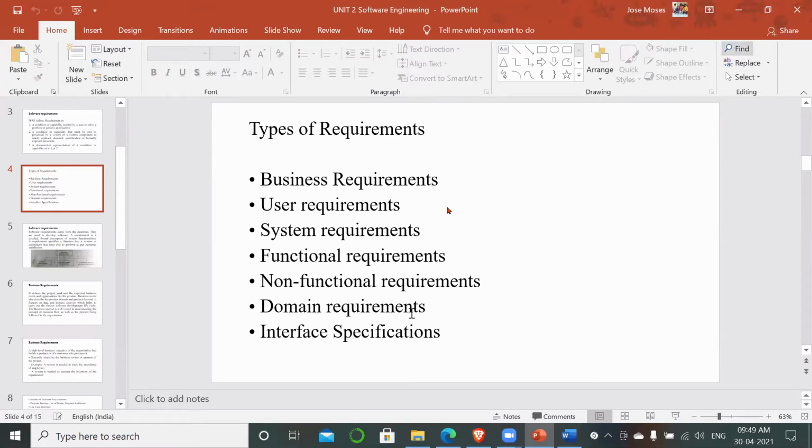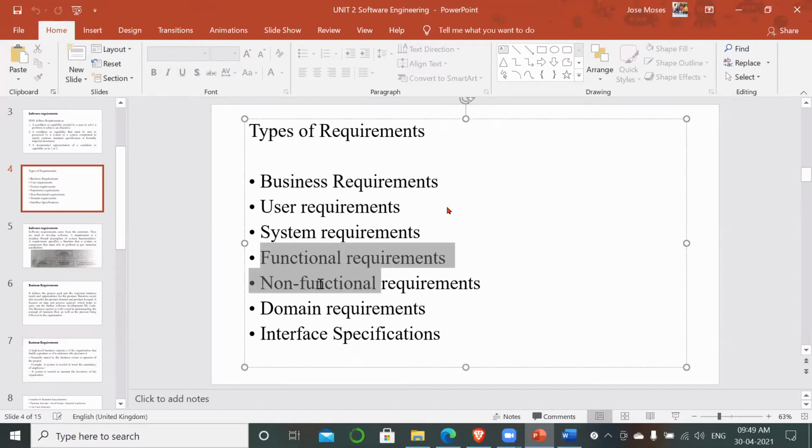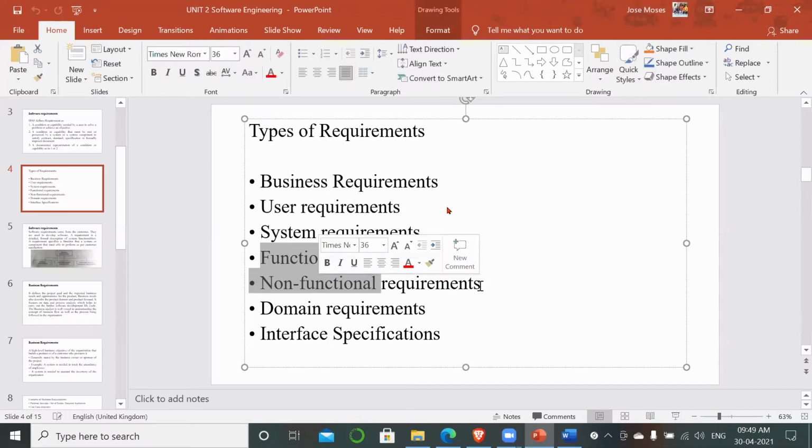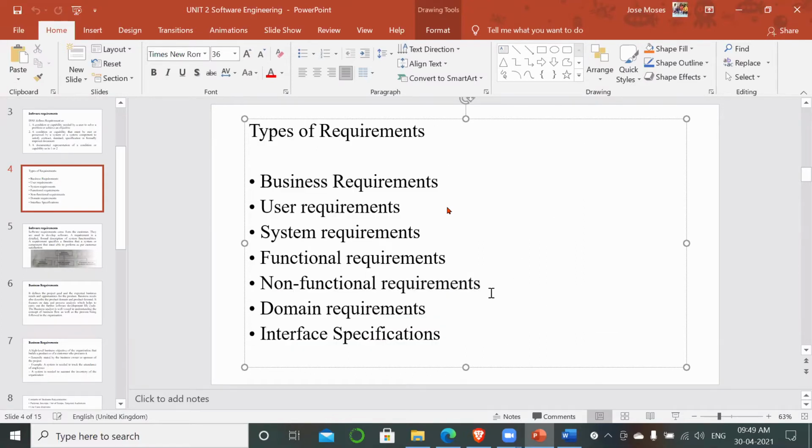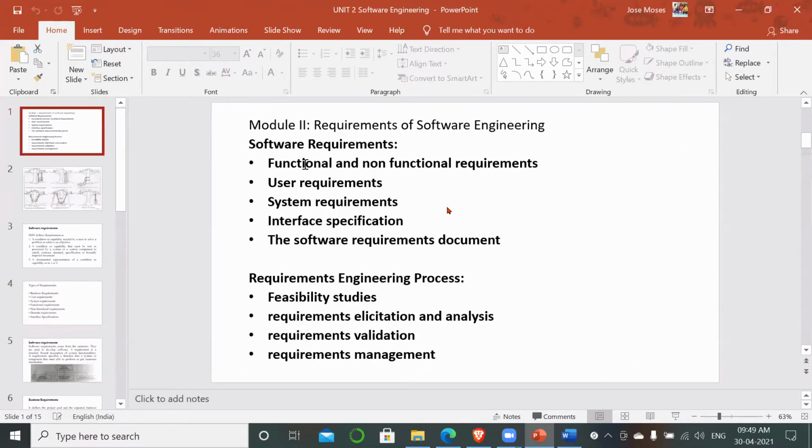That will be an essay question. If only subtopics are asked, for example only functional and non-functional, you can write those too. So don't focus on subtopics; focus on the essay question, so that whatever question is asked, you can write from that particular block. So this is all about part A.